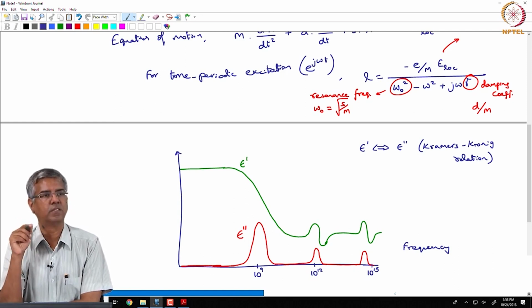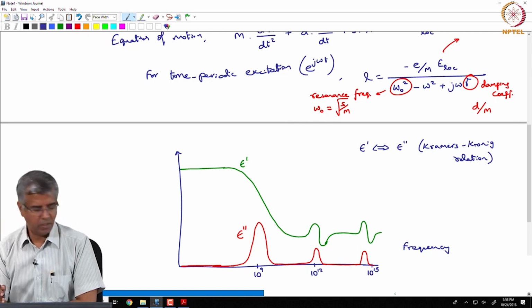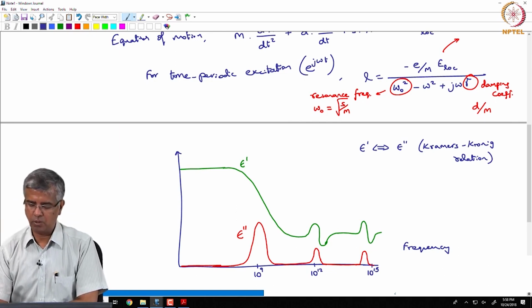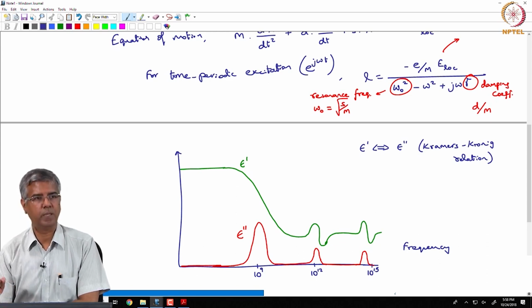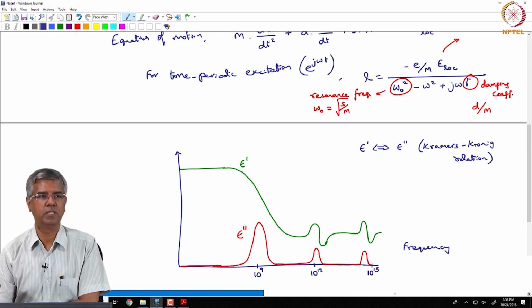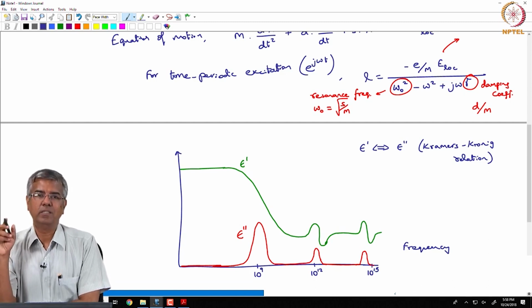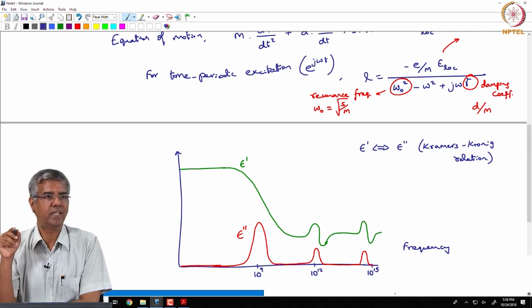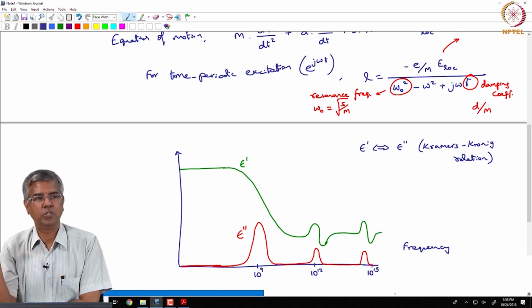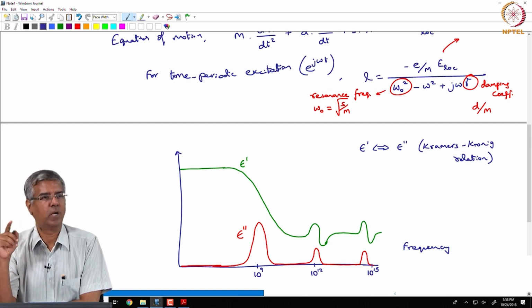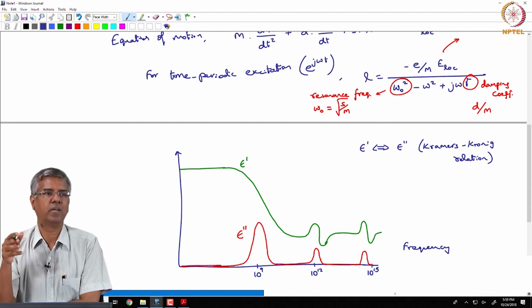Yes, there is a question. The question is how are we getting epsilon from displacement? Epsilon is actually proportional to displacement. Specifically epsilon r, the relative permittivity, is related to the susceptibility: 1 plus susceptibility is epsilon r.